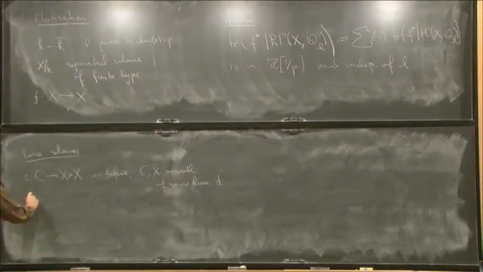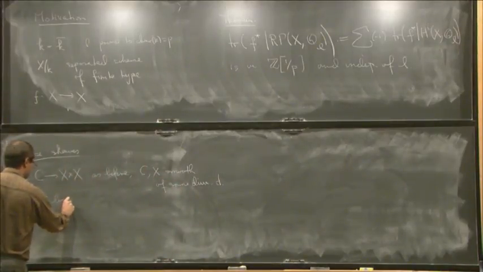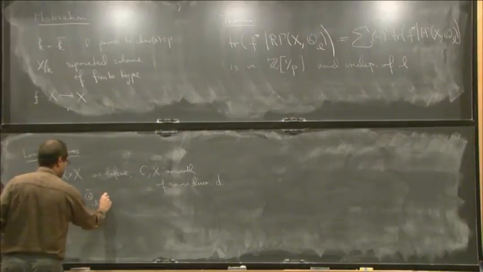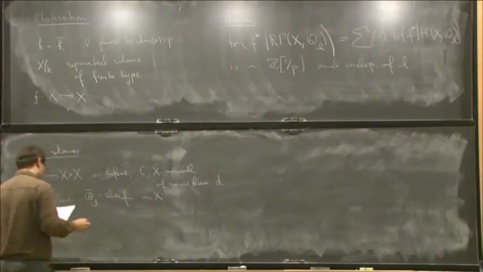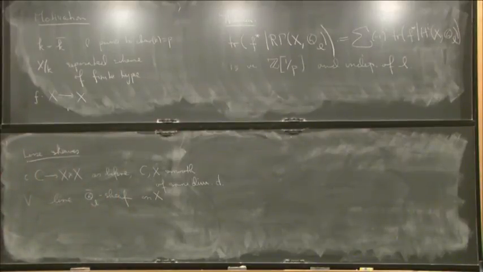Okay, and let's say we have V is a lisse Q_l bar sheaf on X. In this case, because everything is smooth of the same dimension, I'm looking at a lisse sheaf.